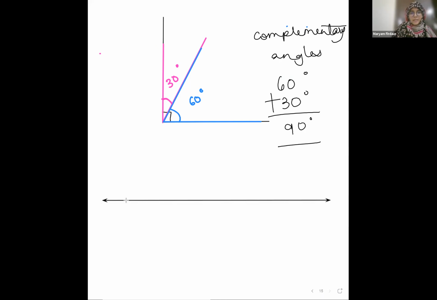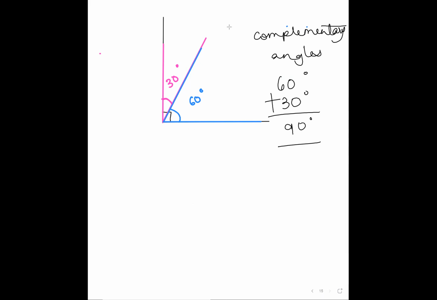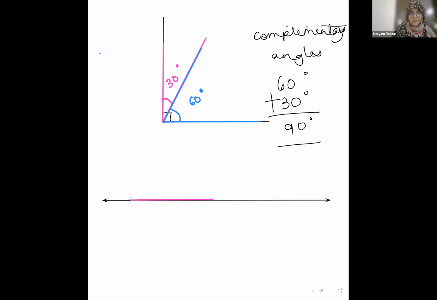Let's say you have this and this. And then you have another angle which is from here till 6. I'm sorry about that. I was just trying to make it a little accurate.